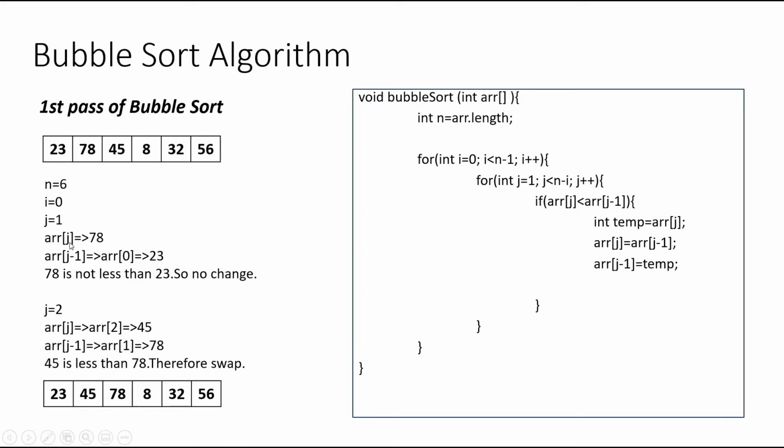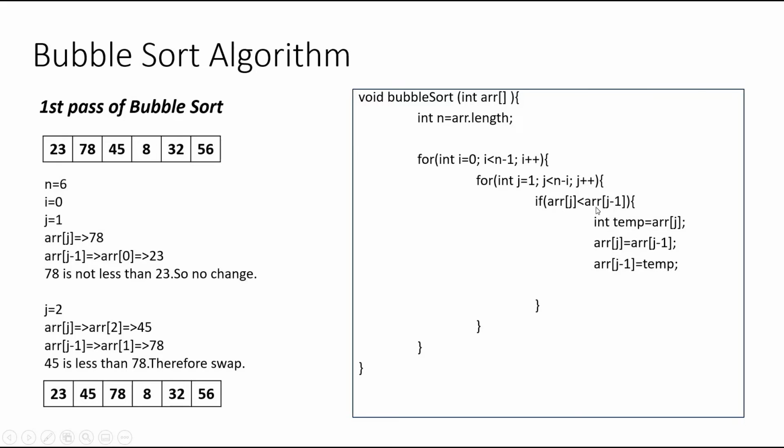Here, arr[j], we know that j equals 1. arr[1] is 78. We know that this is index 0, this is index 1. That's how we index. So arr[1] equals 78. arr[j minus 1] means 1 minus 1, it is arr[0], so it is 23.